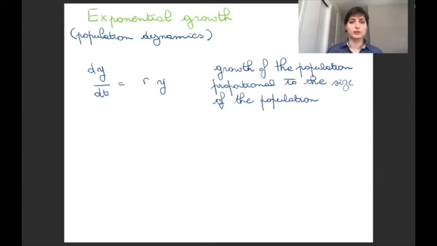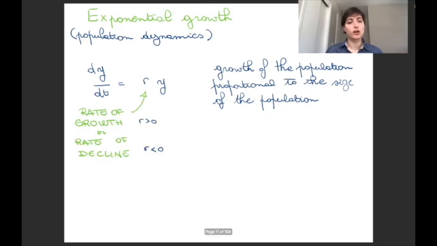So in a certain sense, we're looking at the standard example of rabbits replicating. If there are 2 rabbits, they're going to be like 2 kids. But if there are 4 rabbits, there are going to be 4 kids. So depending on the size of the population, the growth is a coefficient times the size of the population. So we say that this coefficient r is the rate of growth, if r is positive, as we expect it to be in our condition, or the rate of decline if it's negative.